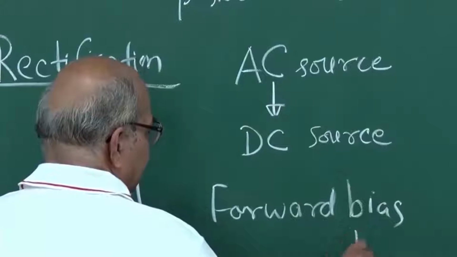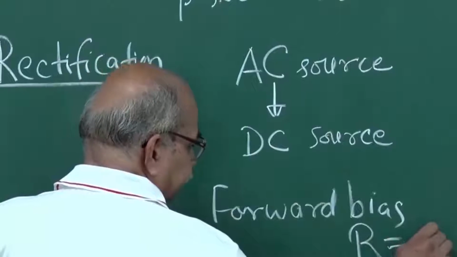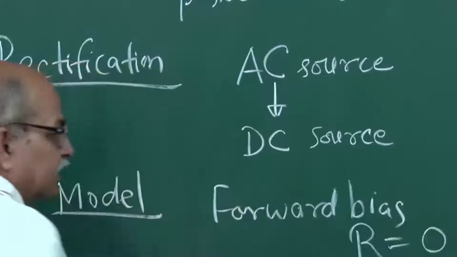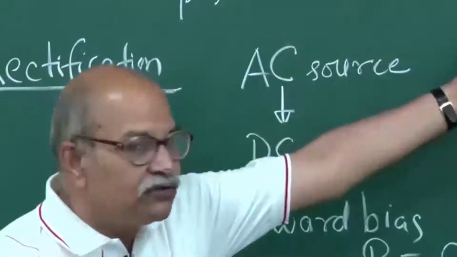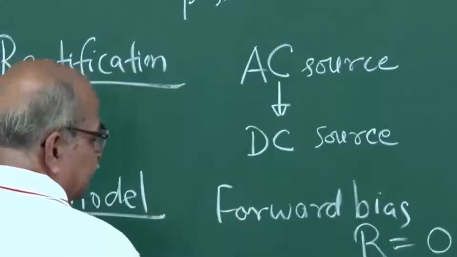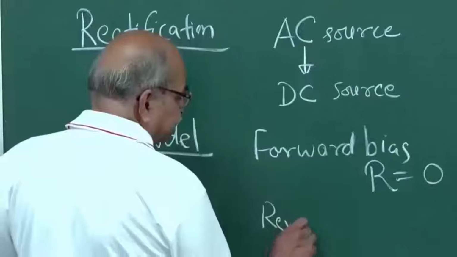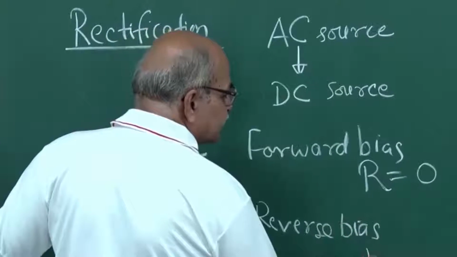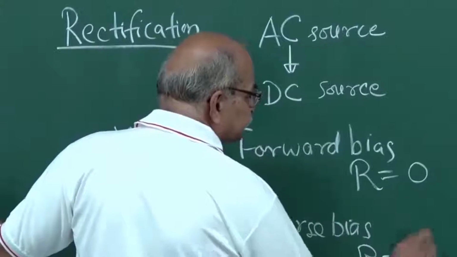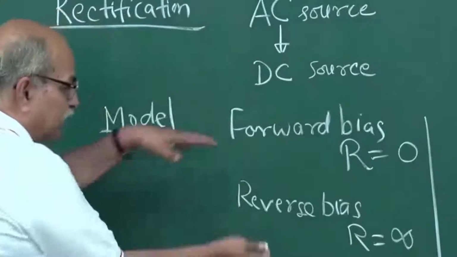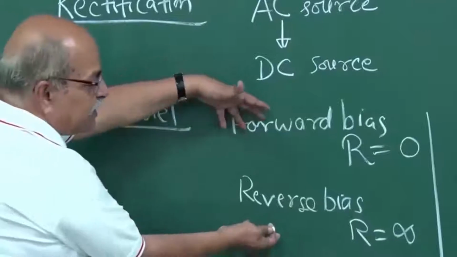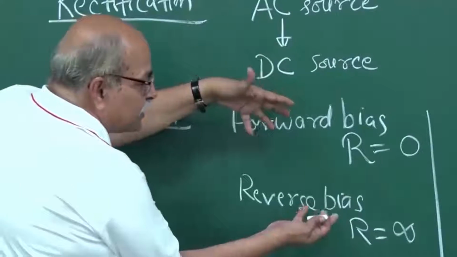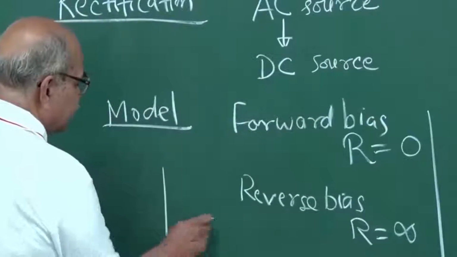And I'll approximate this as, in forward bias, we will assume that resistance offered by the diode is negligible, whereas in reverse bias, resistance offered is very high. Okay. So if I draw an IV characteristics corresponding to this situation, that will be something like this.